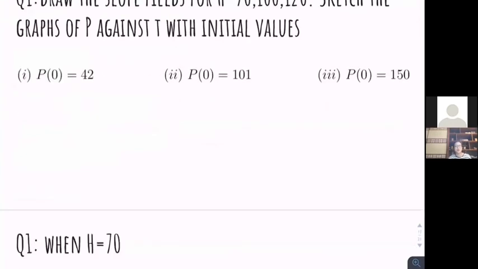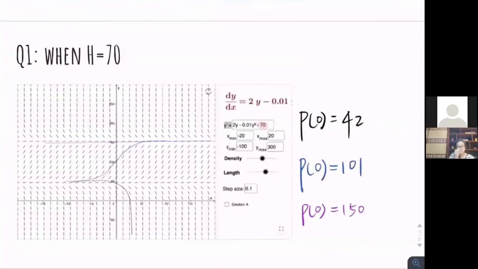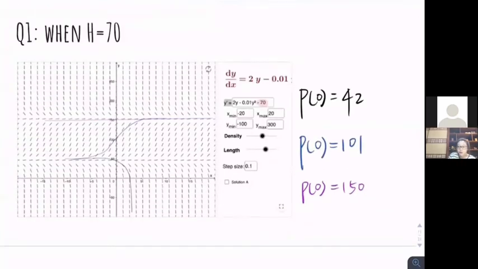First of all, when H equals 70, we will get a function like here: dP over dt is 2y minus 0.01 times y squared minus 70. We'll get a slope field like this.